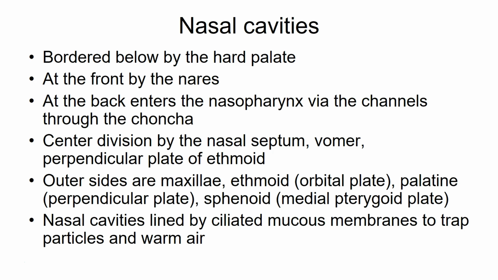The outer sides of the nasal cavity are defined by the maxillae, part of the ethmoid bone, part of the palatine bone, and part of the sphenoid bone, all things that are going to be covered in other parts of the anatomy in Chapter 6. The nasal cavities are lined by a ciliated mucous membrane to help trap particles that might be trying to enter the airway, and also to warm up the air that you're breathing in.